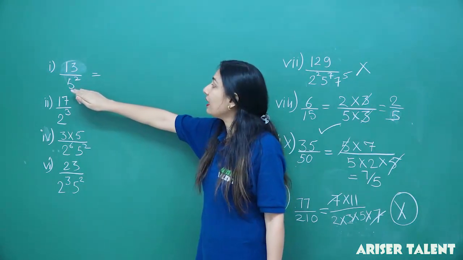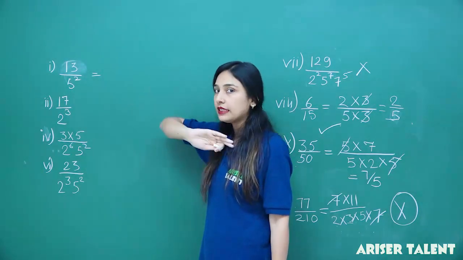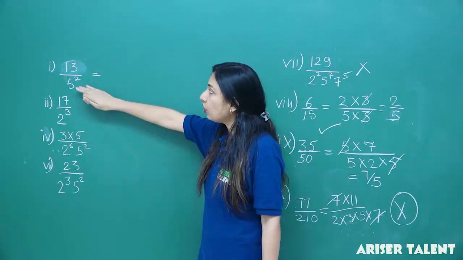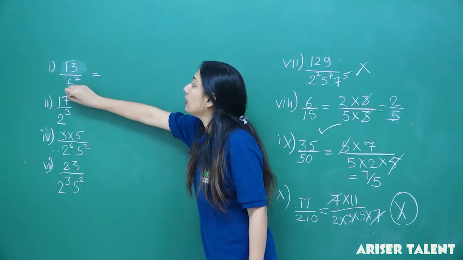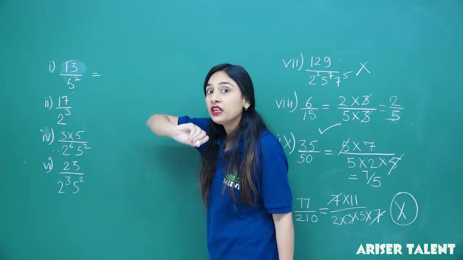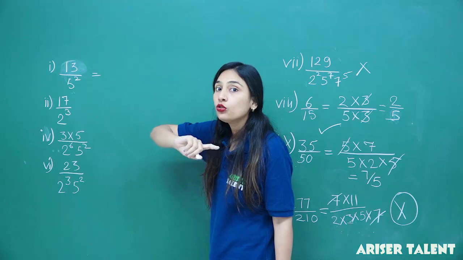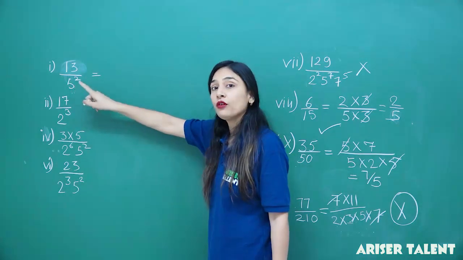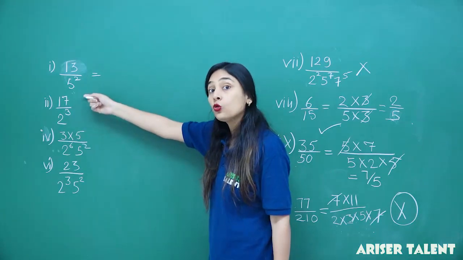We will have a multiple of 10 in the denominator, right? We have done it previously in your previous classes, right? So to convert this denominator into a multiple of 10, what you have to do? You have to multiply 5 with 2, you will get 10.